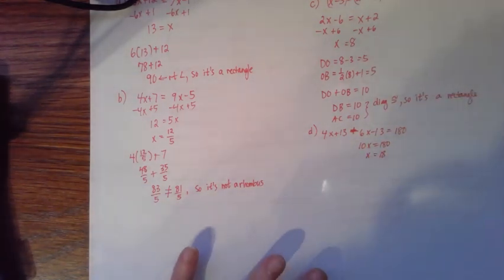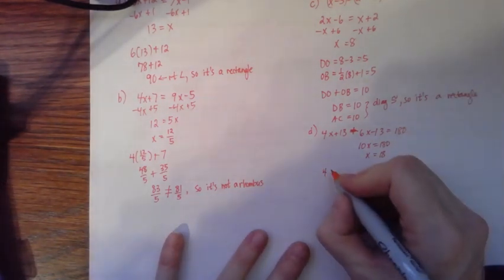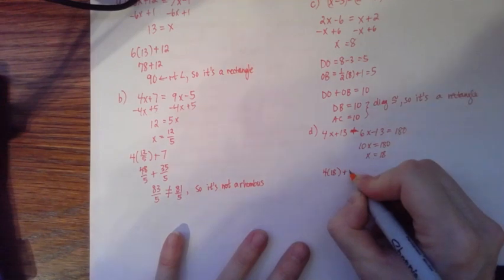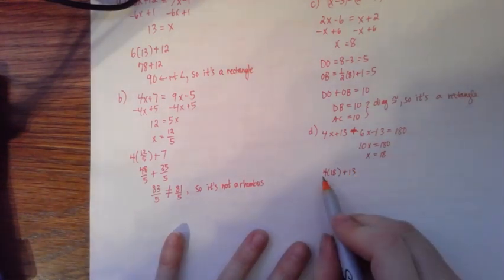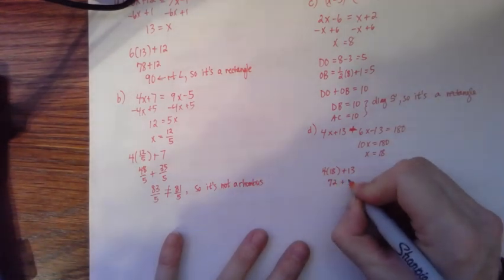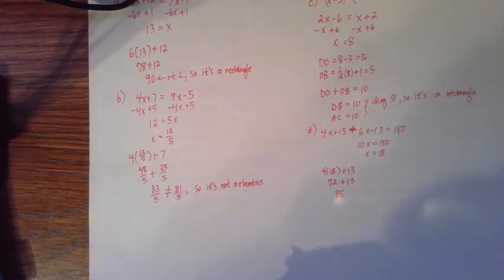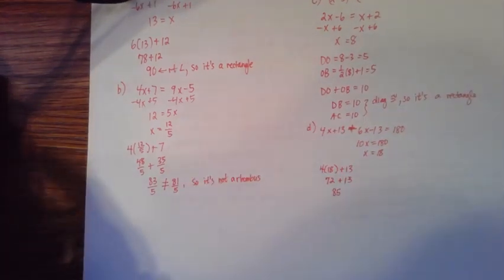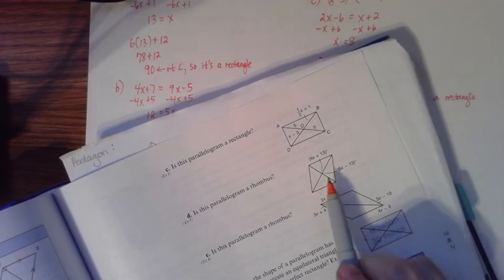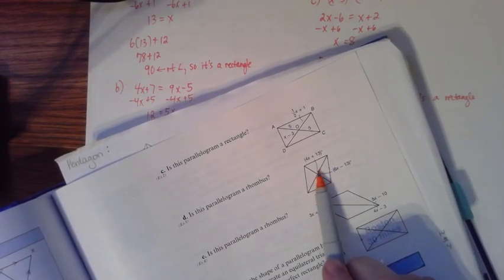So if x equals 18, then that one angle is 4 times 18, plus 13. That's 72 plus 13. This is 85 degrees. Okay, so what this is telling me is that this angle right here is 85 degrees. It's not a right angle. If it's not a right angle, these aren't perpendicular to each other.